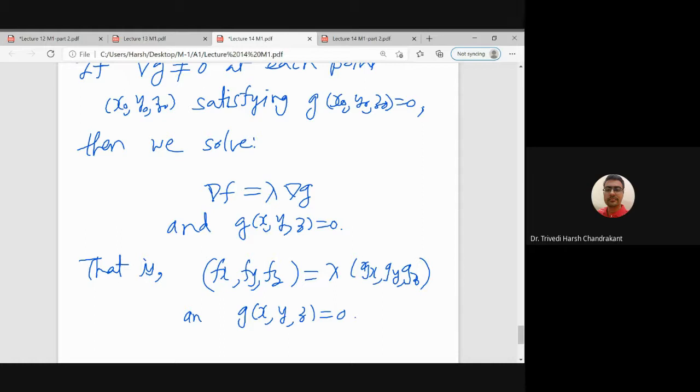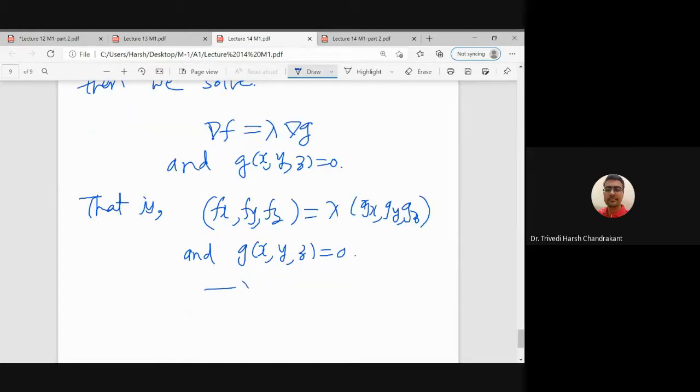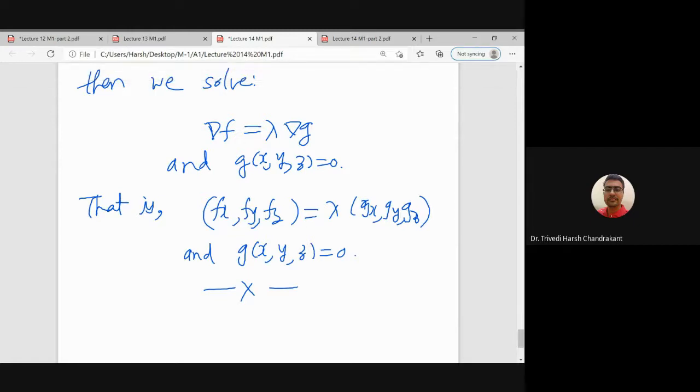So here the equation in three variables means it is a surface. The equation in two variables is a curve like a circle. And then we find the value of the function at all these possible points which satisfy this equation.